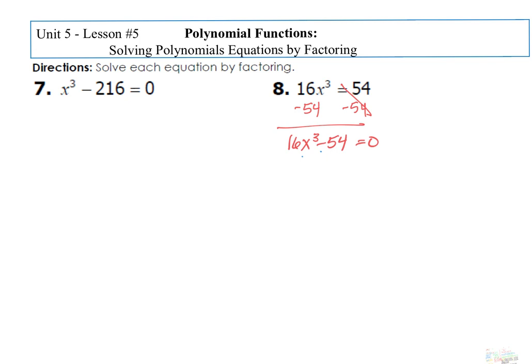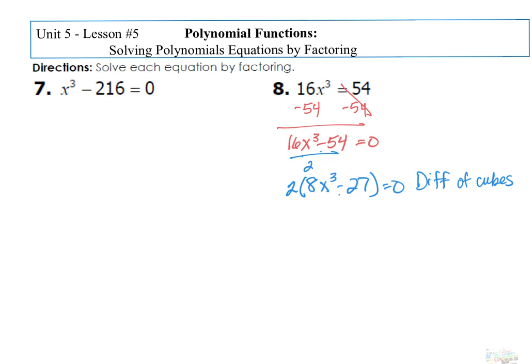So we're looking for a GCF, and that would be 2. So we're going to have 2, and that leaves us with 8x cubed minus 27 after we divide that GCF of 2 out. So again, I have a minus sign, which is a difference, and I have a cube on either side. So we're using difference of cubes here.